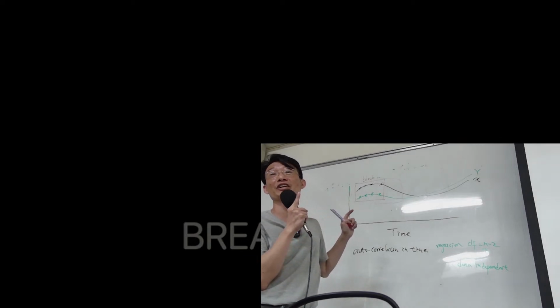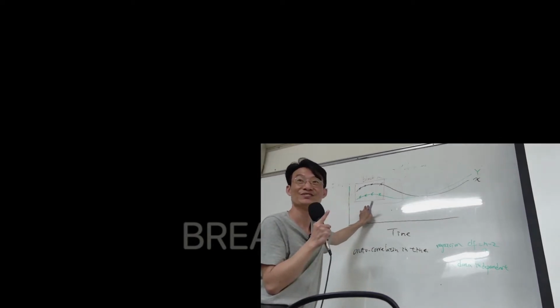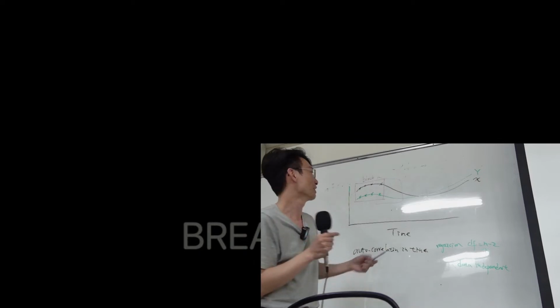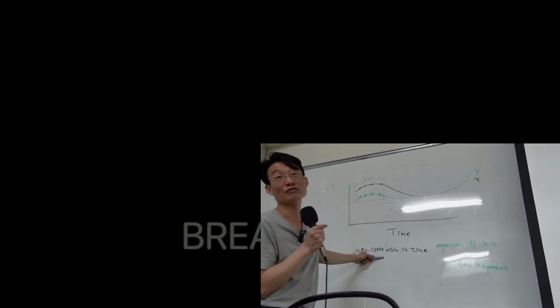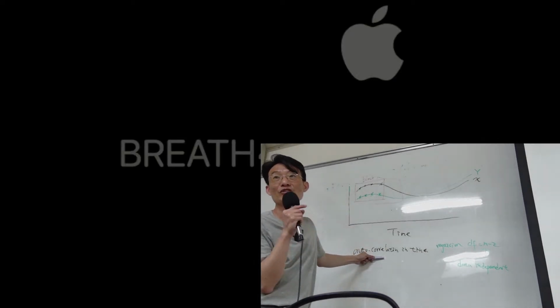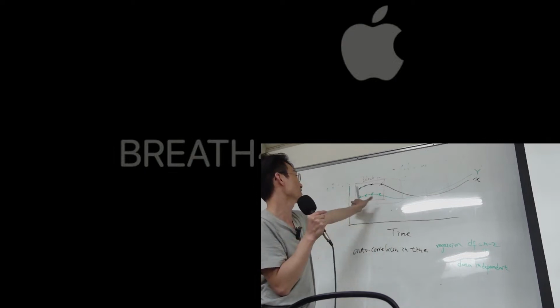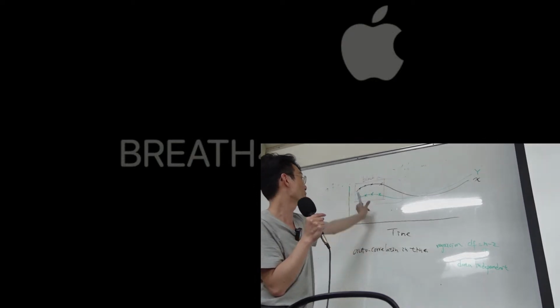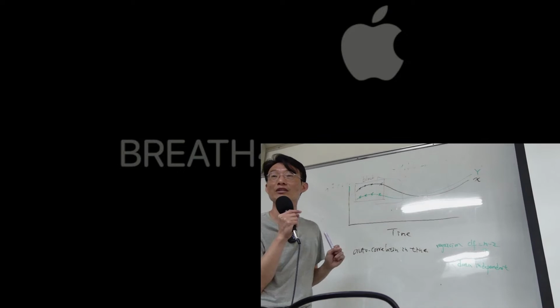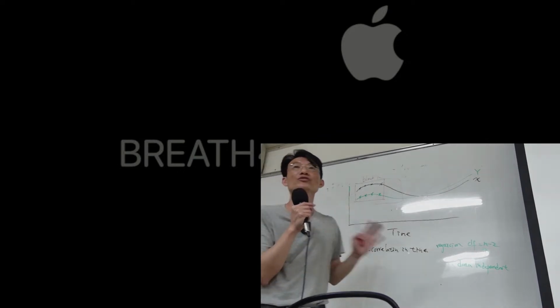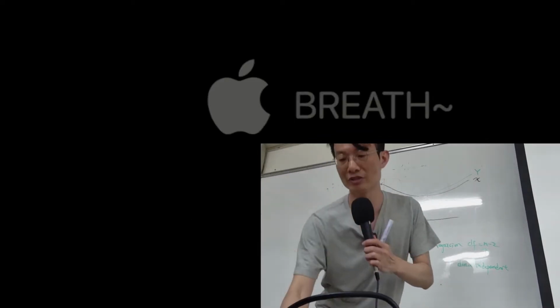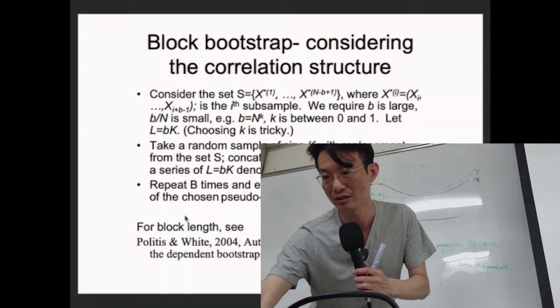Then your question is, how do you decide a block? The block depends on the autocorrelation function. If the autocorrelation is large, the block is longer. If it is small, the block is smaller. I'm not going to talk about how you decide the block size.